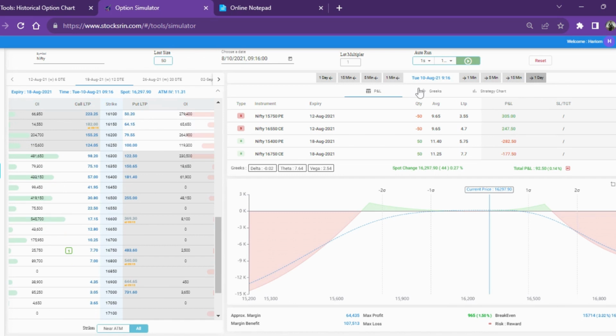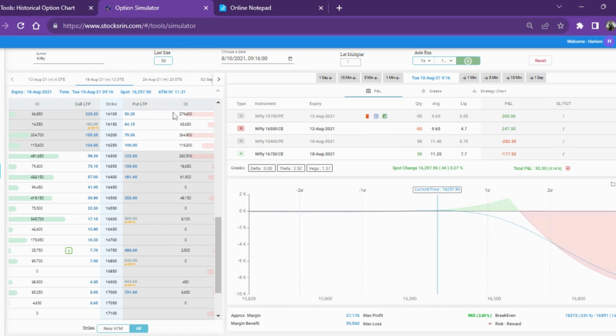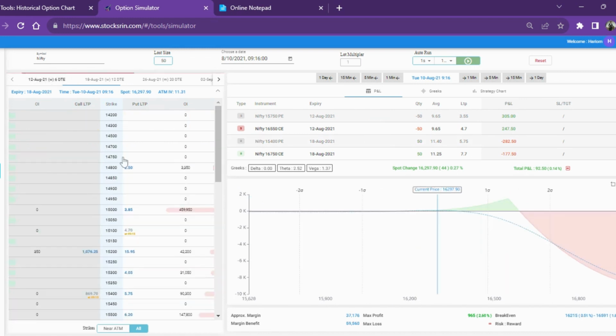So on 10th August, the market opens, and the put that we had sold has reached 3.55, so we'll square it off at this point. And we'll also square off the hedge, and we'll buy a new position for it.